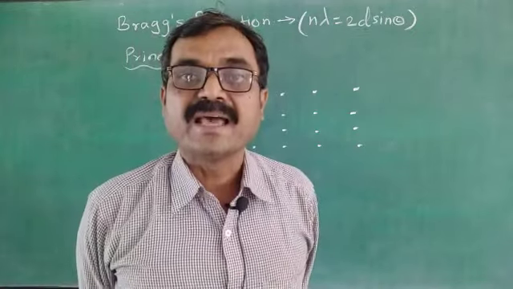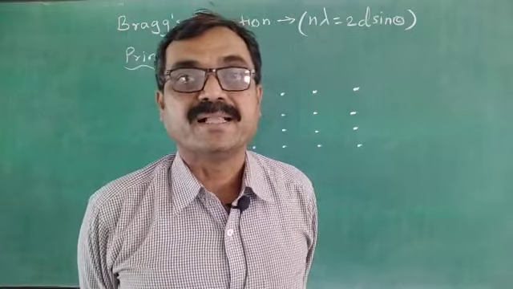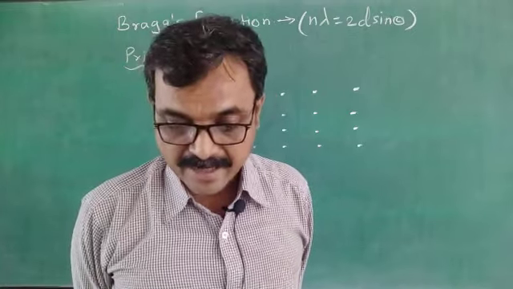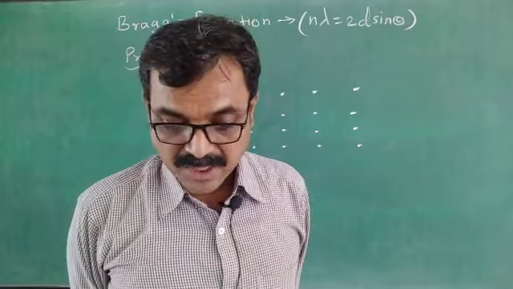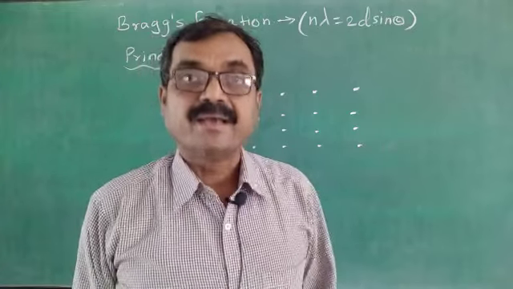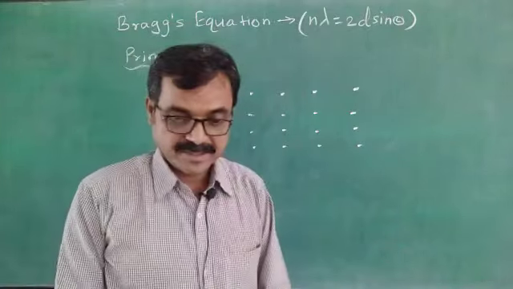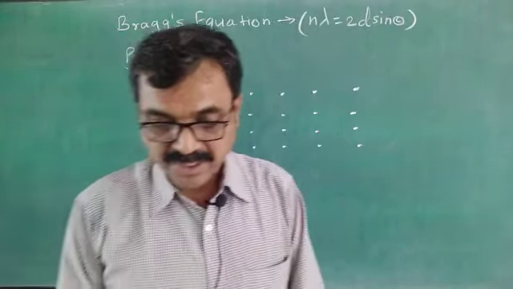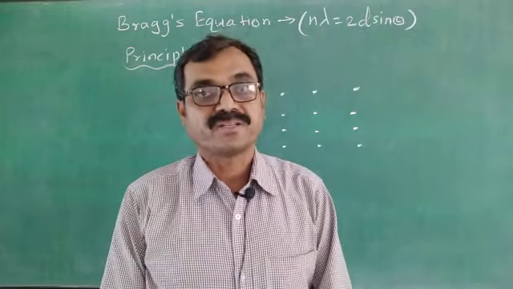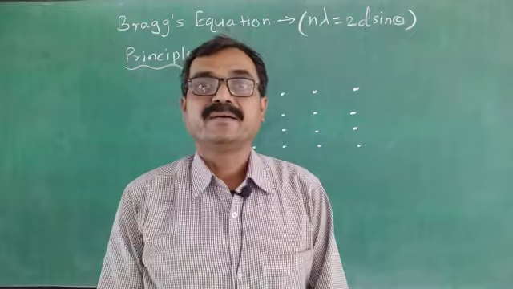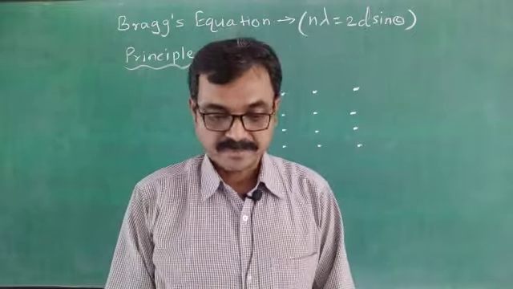The crystal has a perfectly ordered arrangement of its component particles, and it has parallel and equidistant space lattice planes as well as parallel and equidistant lattice points. Such a structure acts as a grating for X-ray diffraction, and this is the principle of Bragg's equation.